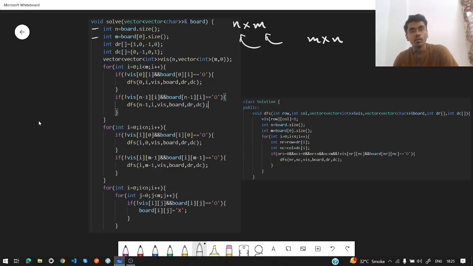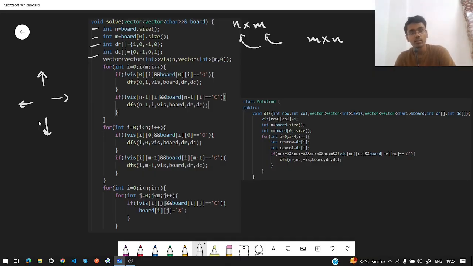Then I have declared two arrays, dr and dc. Now if you have solved DFS problems, you know what these two arrays are. These two arrays are the direction arrays, which help us in traversing in the up direction, right direction, down direction, and the left direction.